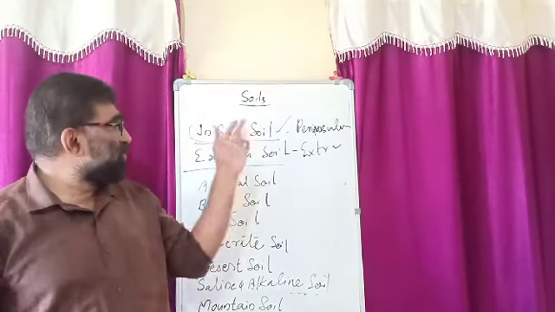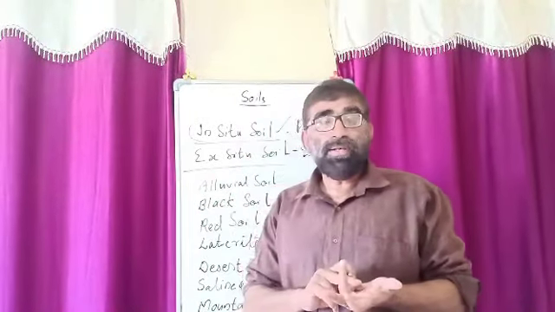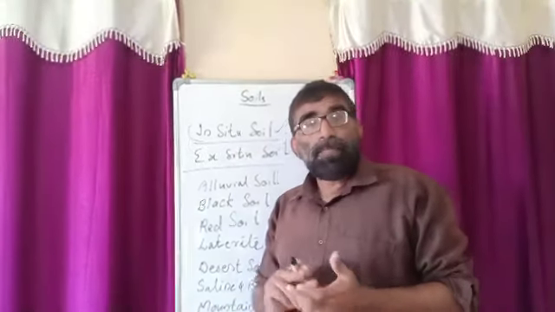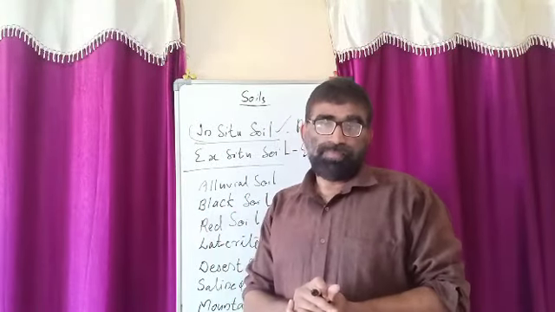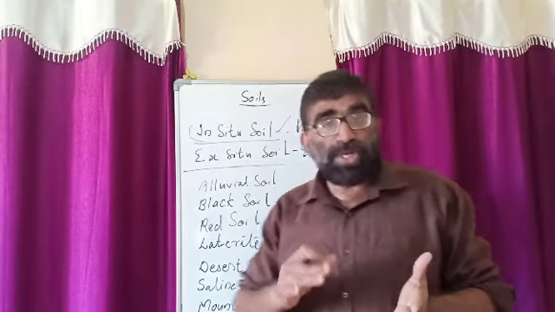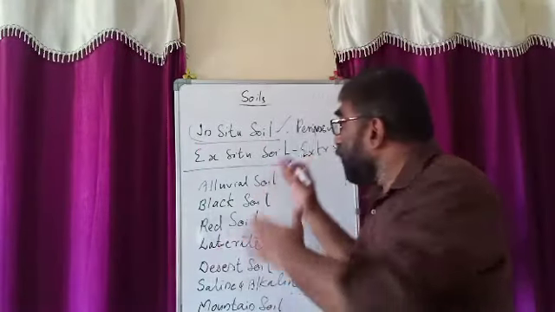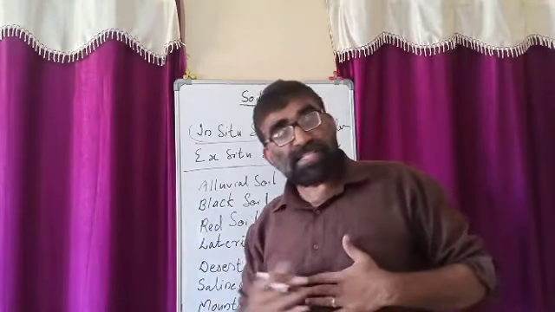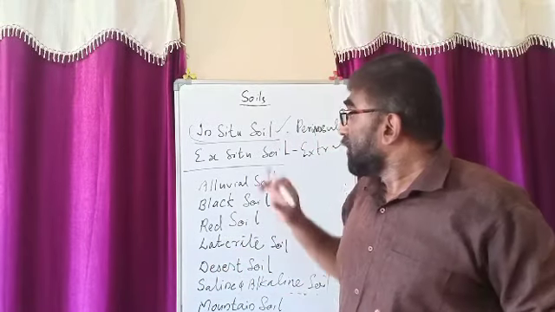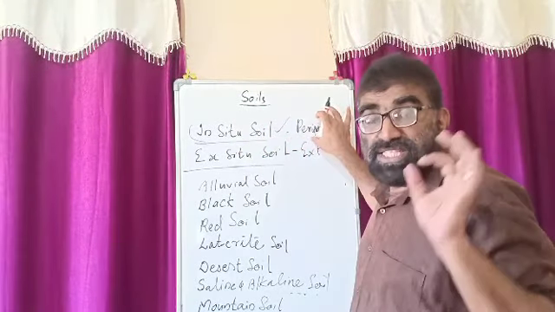In peninsular India we will see mainly black soil, red soil, and laterite soil. These are in situ soils. Black soil is found directly above the parent rock, red soil is also not transported much, and laterite soil is also found in the place of its origin.